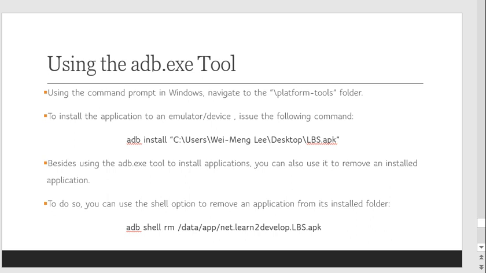To install the application into the emulator device, we issue the following command: adb install, followed by the path where you have your LBS.apk file. LBS in this case is the name of our project, so this is the APK file of your project.